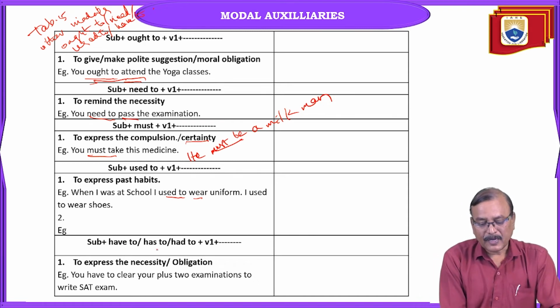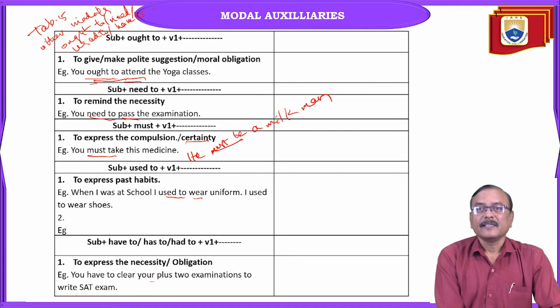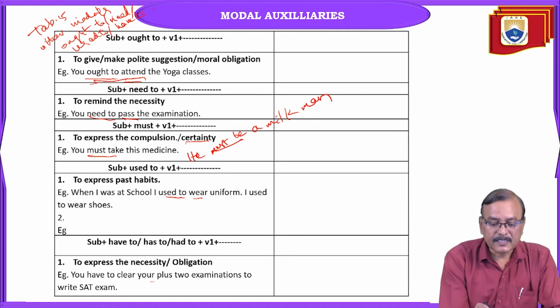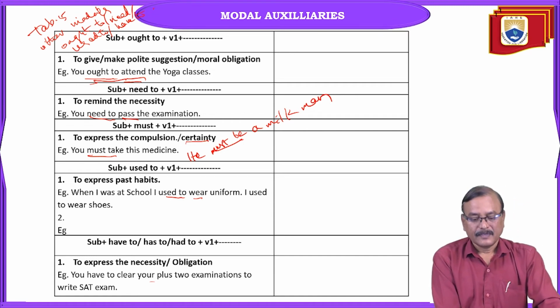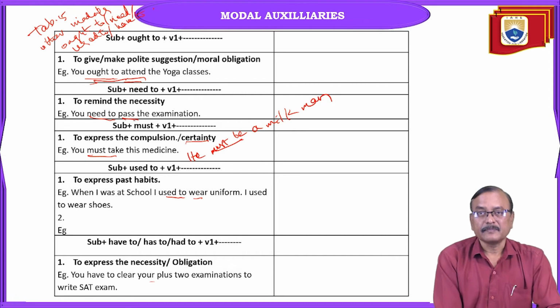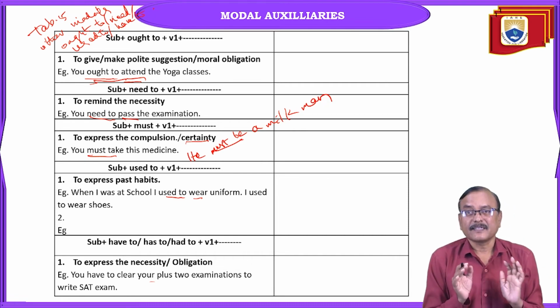Next, have to, has to or had to express necessity or obligation. It is similar to need to, but here it is not as strong as must. Must is very strong to express strong compulsion or necessity.